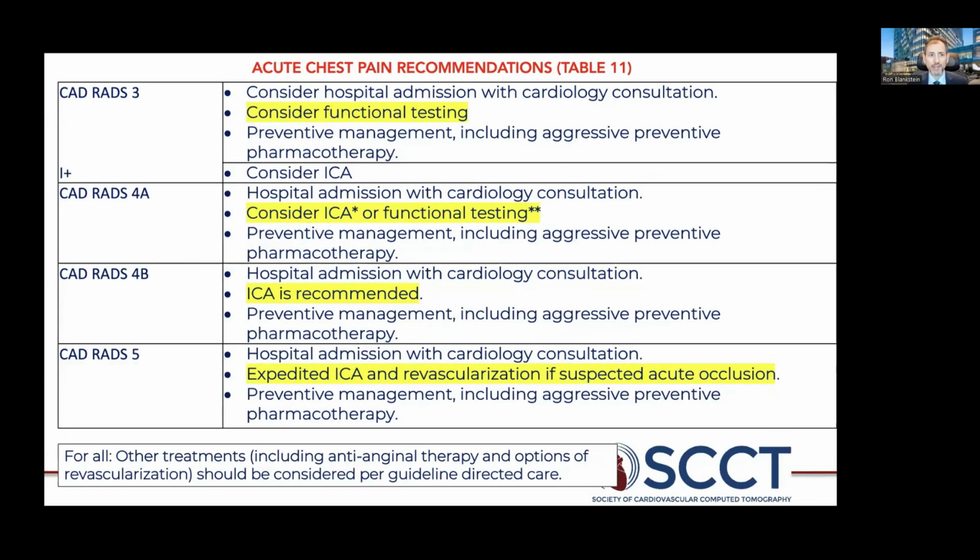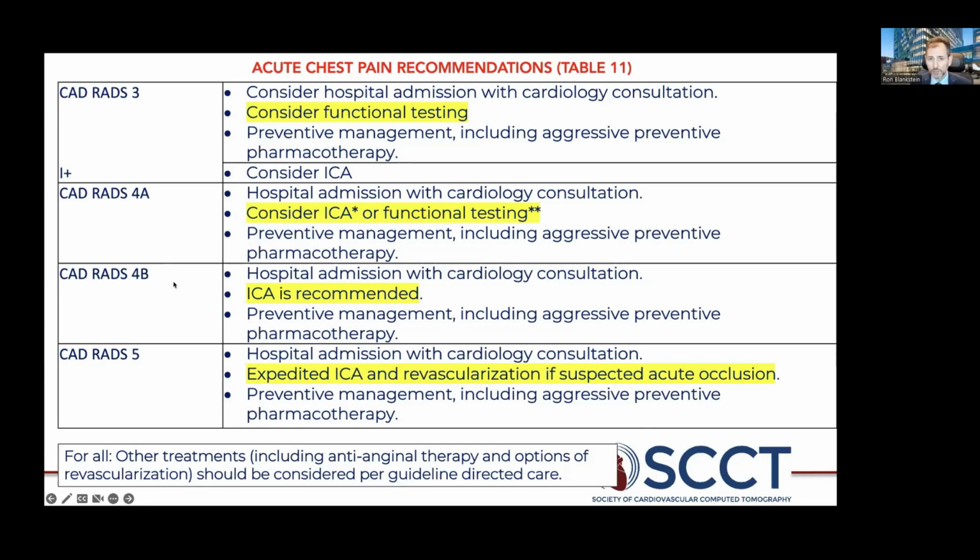And then here for my last slide, this is again acute chest pain, but now for patients who have obstructive disease. If you have CAD-RADS 3, similar to stable chest pain, we're recommending functional testing. If you have an I+ because you did an evaluation for ischemia, this is where invasive angiography should be considered. If you have CAD-RADS 4A or 4B, for 4A we're recommending invasive angiography or functional testing.